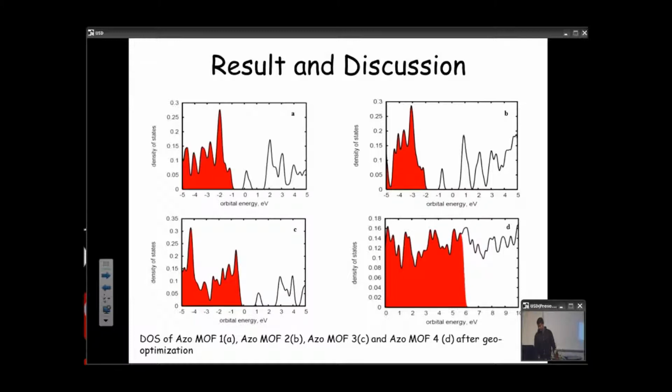This is the result we discuss after the geometry optimization. We obtain the density of states. This is for isomorph 1, this is isomorph 2, 3, and here is the 4. So in this 4, we can find that there is something strange. I just want to explain my experience here.